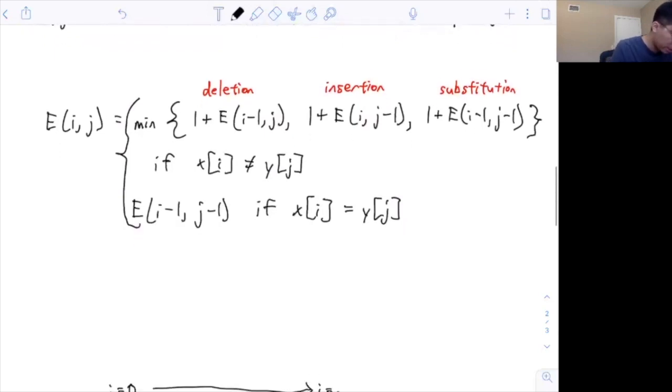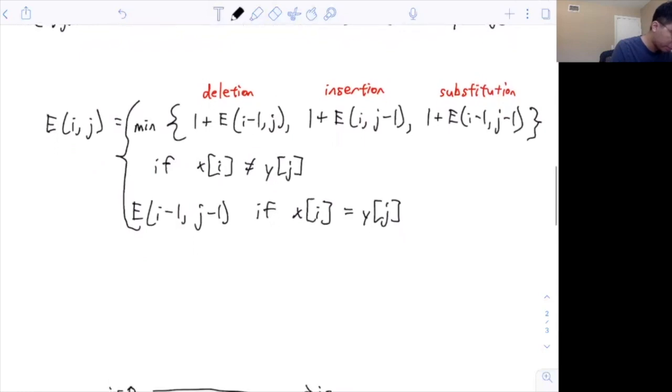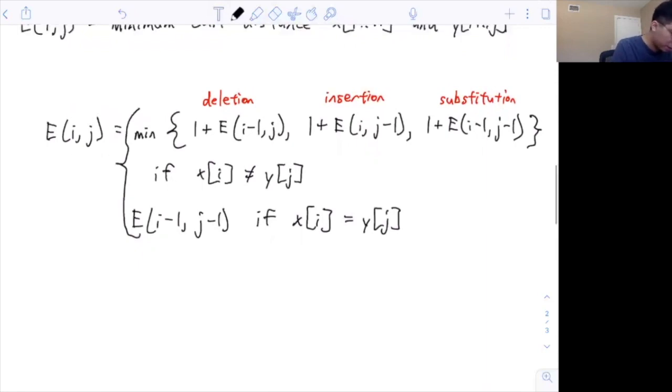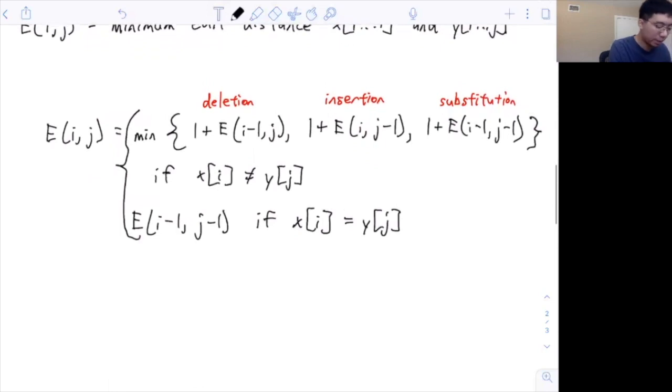So we can think of each problem, E of i j, as dependent on at most three other subproblems: E of i minus 1 and j, E of i and j minus 1, and E of i minus 1 and j minus 1.